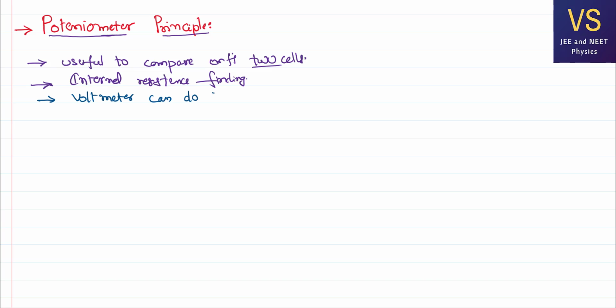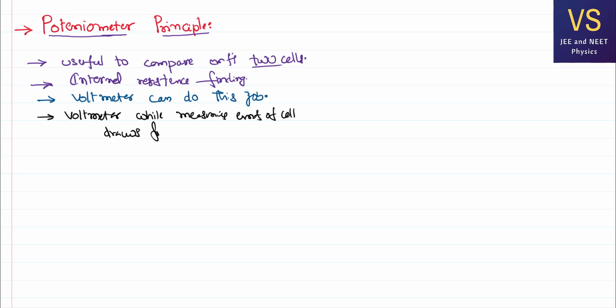Then, why shall we use a potentiometer over the voltmeter? Why shall we prefer a potentiometer over the voltmeter? Because of one simple reason: a voltmeter, while measuring the EMF of a cell, draws some current from the circuit, from that cell itself.